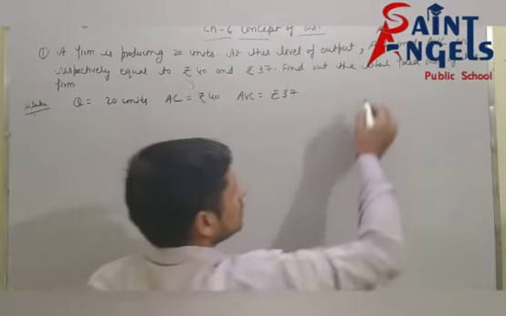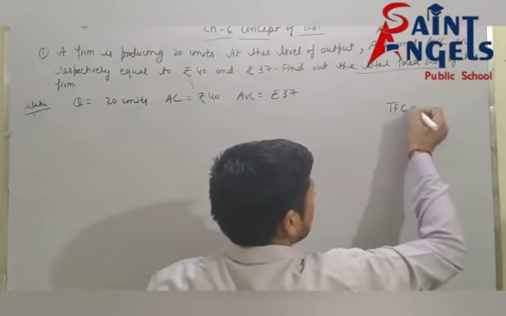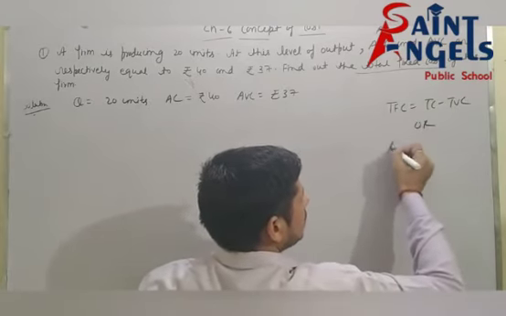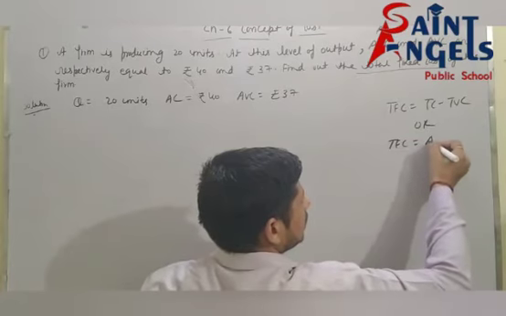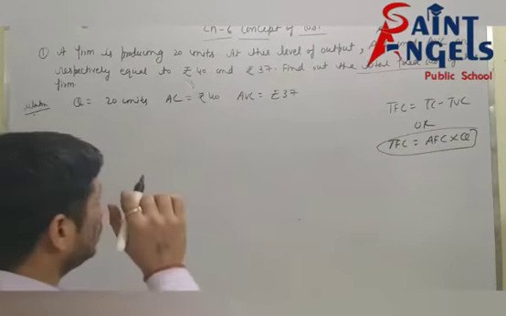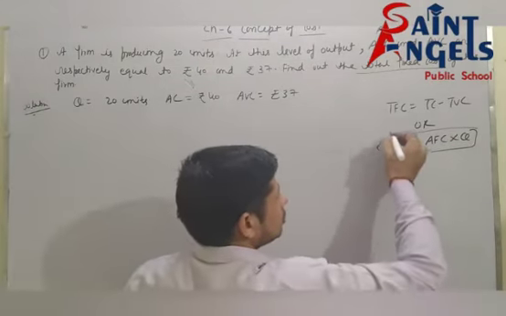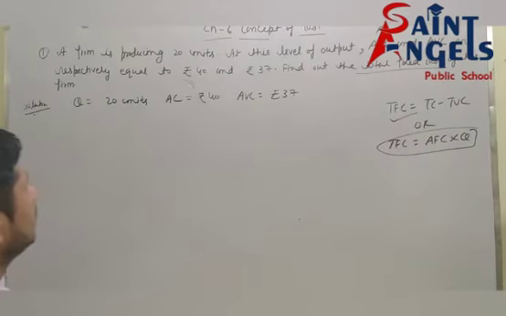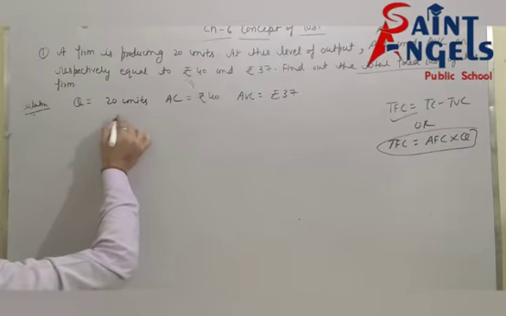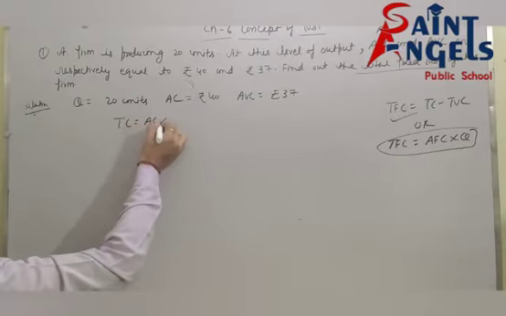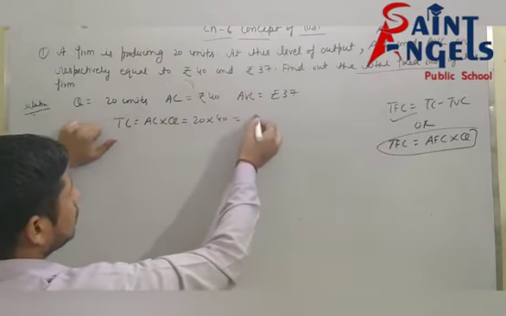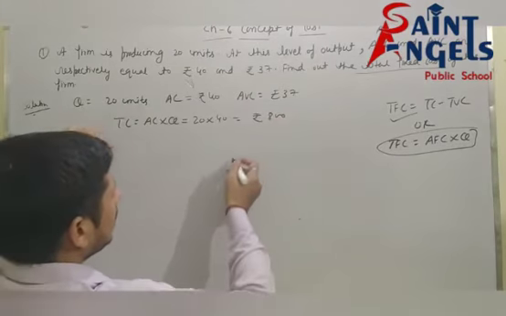Total fixed cost means TFC. So what is the formula of TFC? You know that TC minus TVC, or you can say TFC is equal to AFC into Q. Now I am going to use the TC minus TVC formula here, because AC is given and AVC is given. The formula of TC is AC into Q, so 20 into 40 means rupee 800.